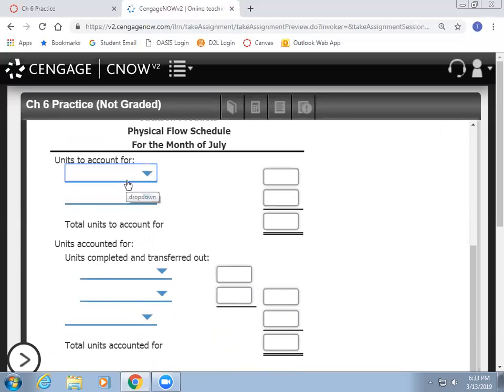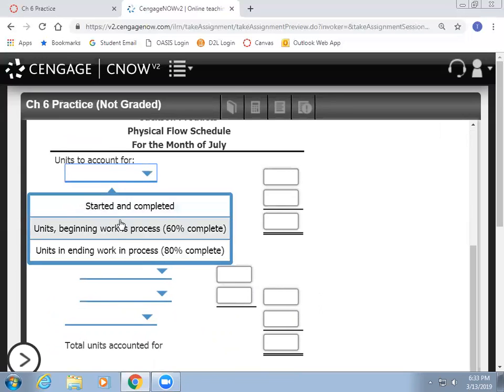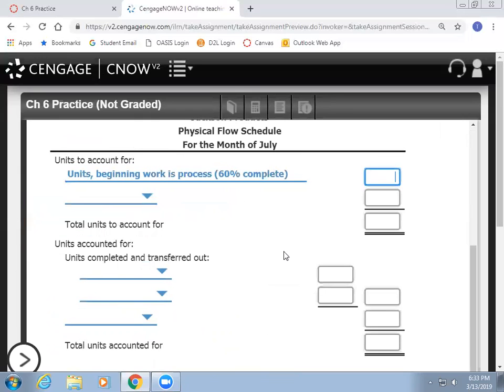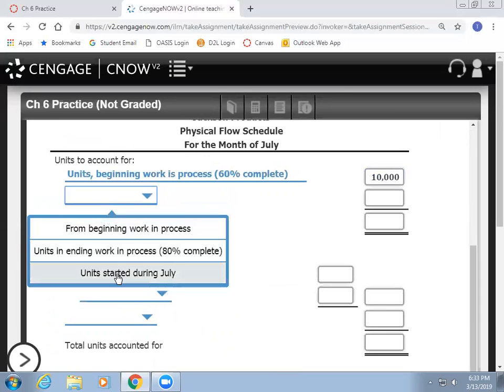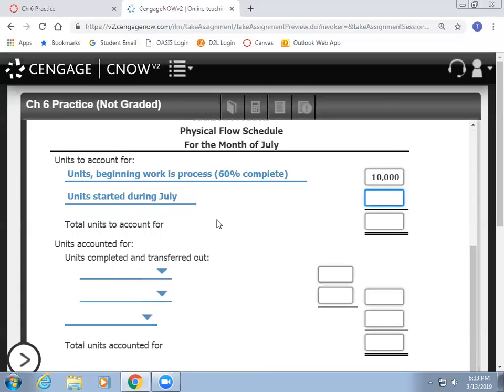So just like the last time, we had units in beginning work in process, and we have 10,000. And then units started during July. Well, again, you could recalculate all that, but it should be 85,000, just like it was last time. We already took those calculations. So all my units to account for are 95,000.